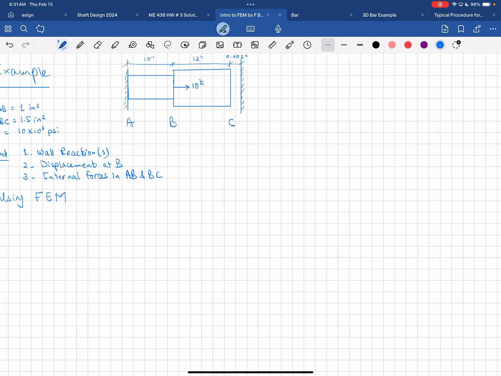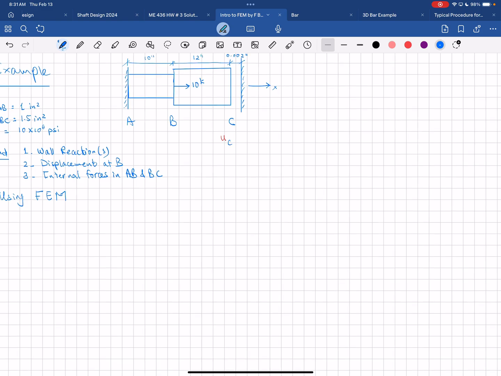So from that, we learn that the displacement at C in the x direction is going to be equal to that clearance of 0.002 inches.